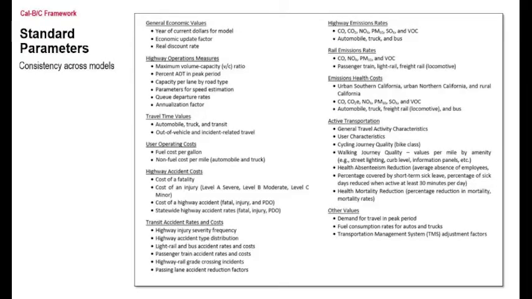Highway emission rates as well for CO, CO2, nitrogen oxide, PM10, SOX, and VOX. We've included PM 2.5, but we've only reported in tonnage and not associated any monetary value.